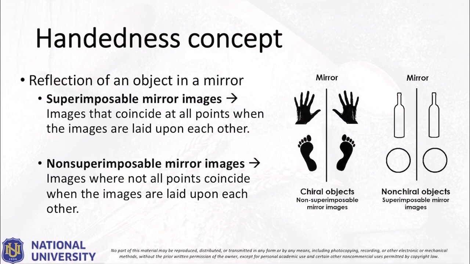Next, the handedness concept. So this is very important in monosaccharides, no, in carbohydrates. The mirror images.